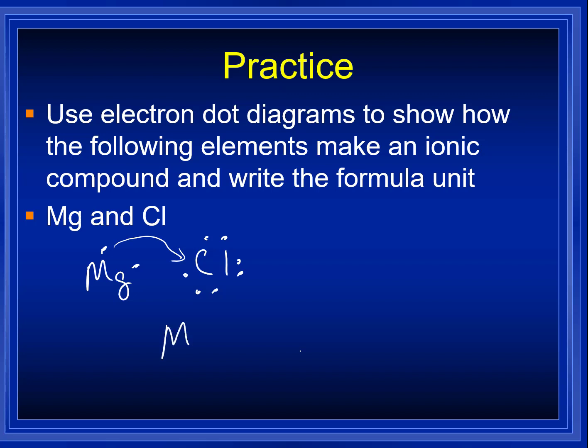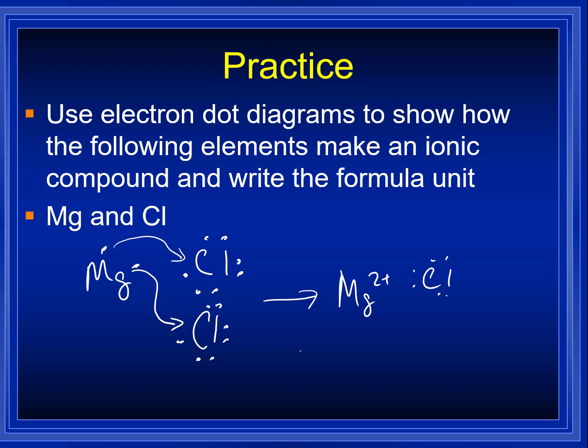So I'm going to need another Cl to take that other electron. So when I'm done, I end up with Mg with a 2 plus and 2 Cl's with a minus charge.